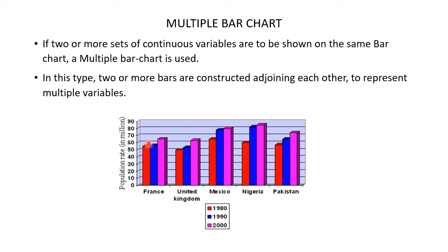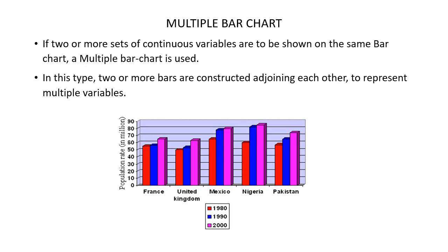That is, there were 58 million people in France in the year 1990. Now this purple bar represents the number of people in France in the year 2000, and this purple bar corresponds to the number 65 here, which means there were 65 million people in France in the year 2000.